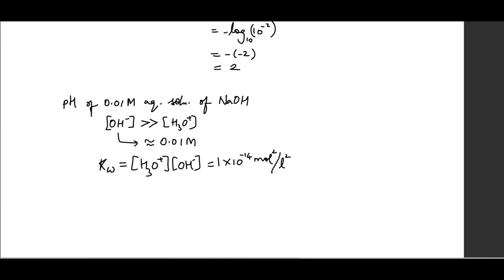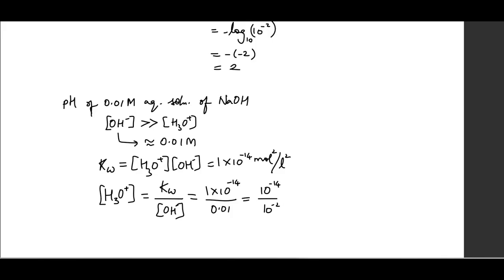Now, because pH is related to concentration of H3O plus, we have to find the concentration of H3O plus, that is Kw divided by concentration of OH minus. That is 1 into 10 raised to minus 14 divided by concentration of OH minus, 0.01 molar, which is 10 raised to minus 2. So 10 raised to minus 14 divided by 10 raised to minus 2 is equal to 10 raised to minus 12.